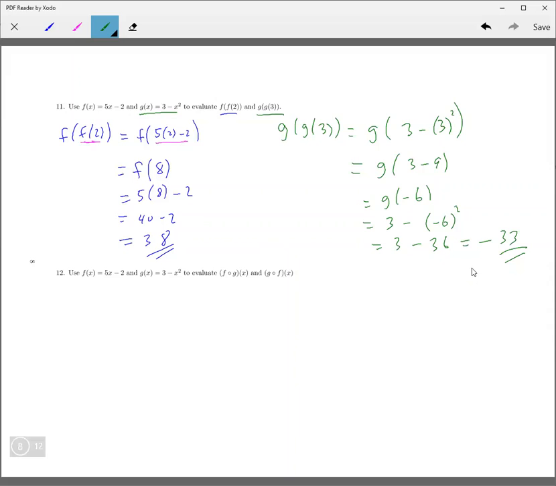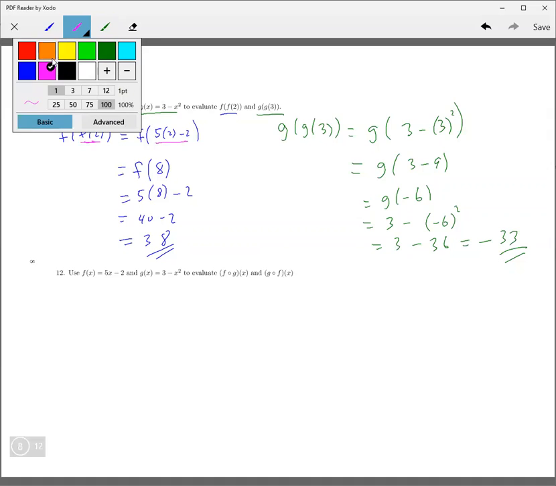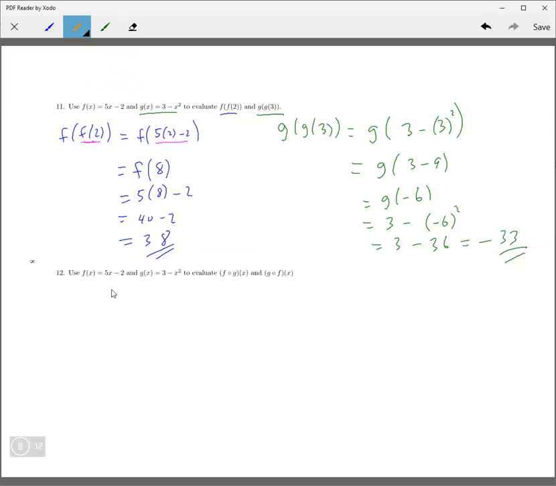Okay, and then number 12. Okay, f of g of x, which I always like to write like that, f of g of x, instead of writing it with the circle there.